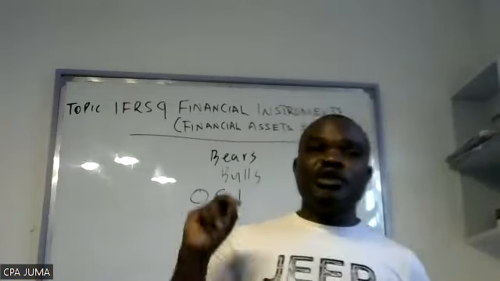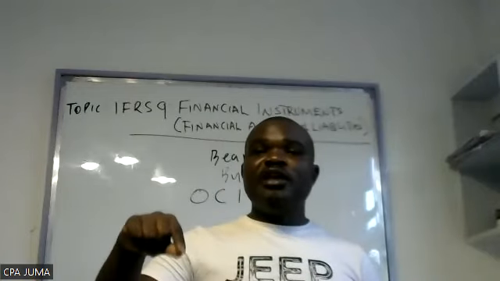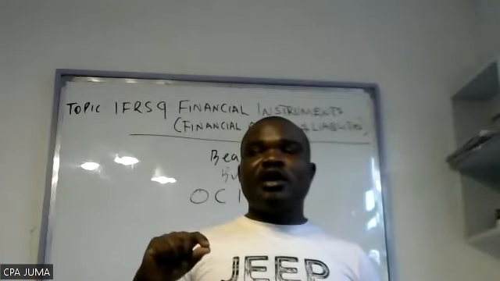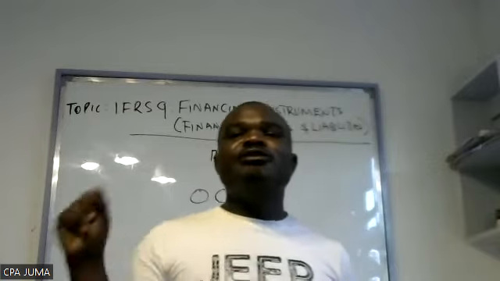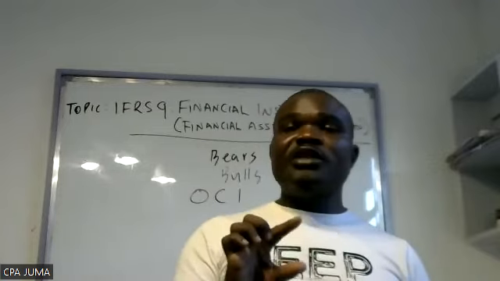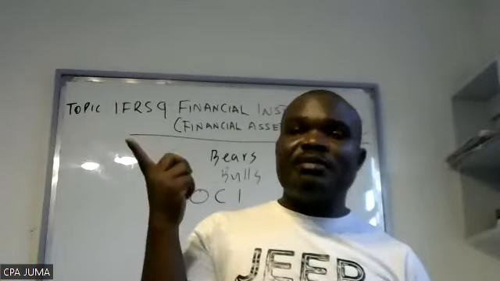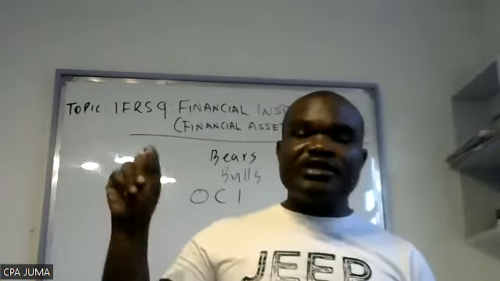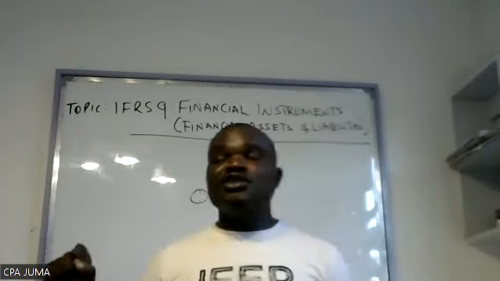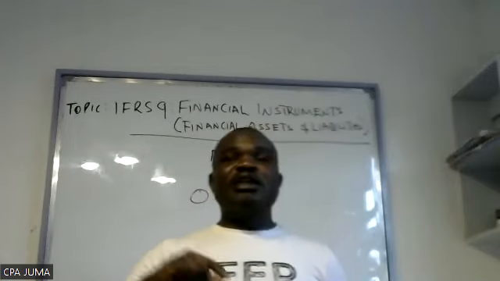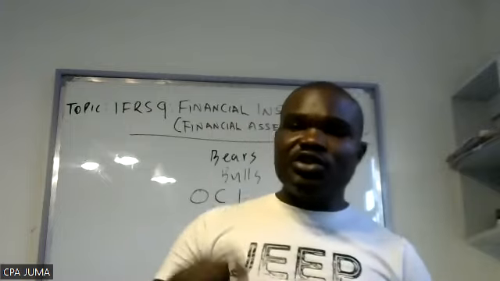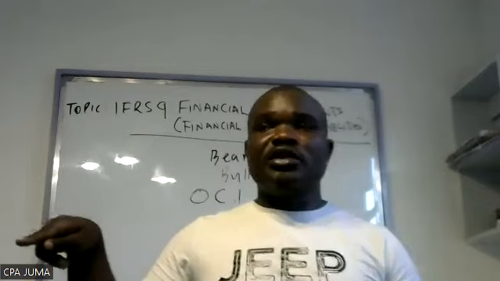So that is where they differ. The short term, initially fair value. Long term, subsequently amortized cost. For the short-term ones, anytime you want to recognize them in the books, you just check the market. What is the market dictating? This is the price. So short-term financial instruments, you recognize them at fair value on initial recognition and even in the subsequent periods.